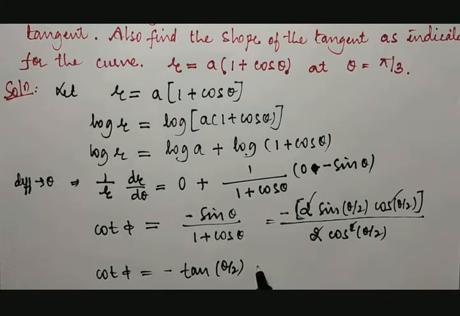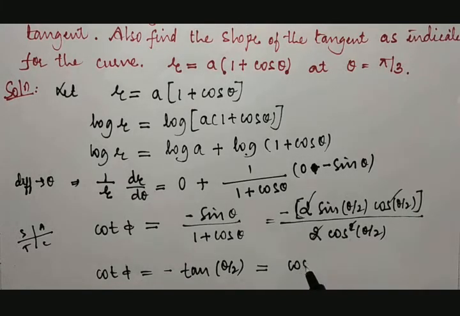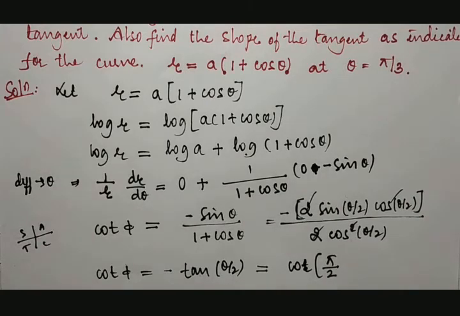Then how do you take this minus tan theta by 2 as per the ASTC rule? Means one thing is very clear. When tan has to be converted into cot, it has to be taken as cot of 90 degree plus or minus this angle.